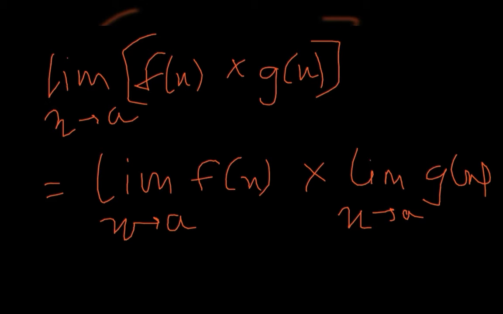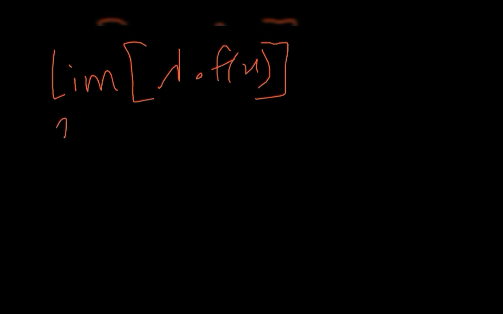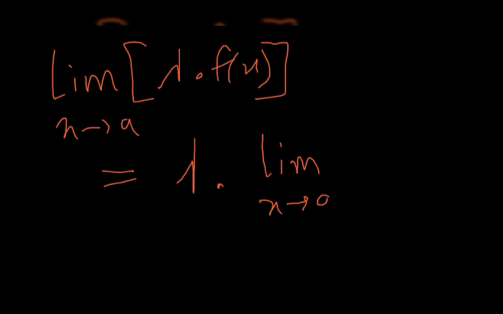Now if we multiply by a scalar, let's say lambda is a constant in our case, limit x tends to a of lambda into f of x, we can bring out the lambda, then do the limit x tends to a f of x, if there is any scalar.